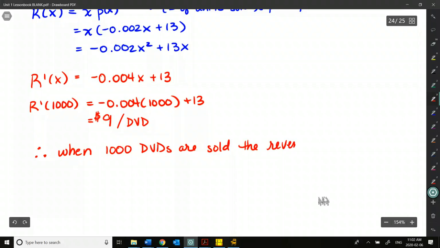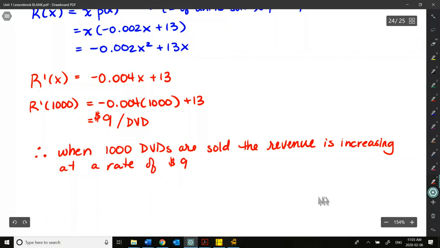the revenue, if this is positive, is the revenue increasing or decreasing at this point? It's increasing. So that's probably good. The revenue is increasing at a rate of $9 per DVD sold.